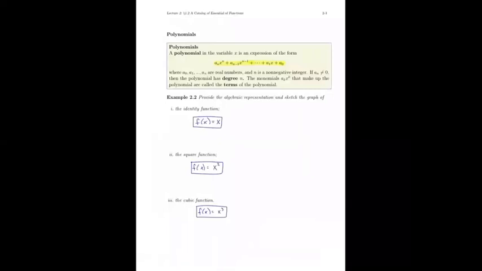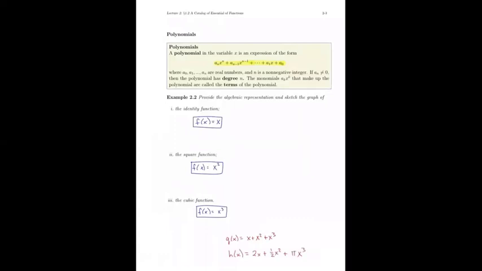Of course, we can add all these together and get a more general polynomial. So we might write the function g of x as x plus x squared plus x cubed. And maybe we could give it some new coefficients. This could be 2x plus 1/2 x squared plus pi x cubed.